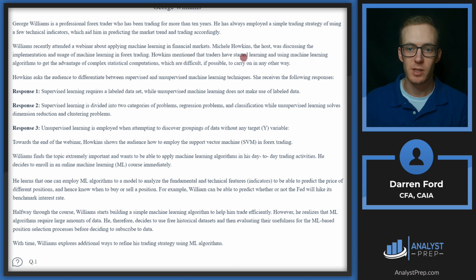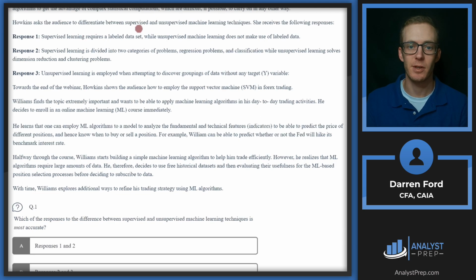Hawkins mentioned that traders have started learning and using machine learning algorithms to get the advantage of complex statistical computations, which are difficult, if impossible, to carry on in any other way. Hawkins asked the audience to differentiate between supervised and unsupervised machine learning techniques. She received the following responses.